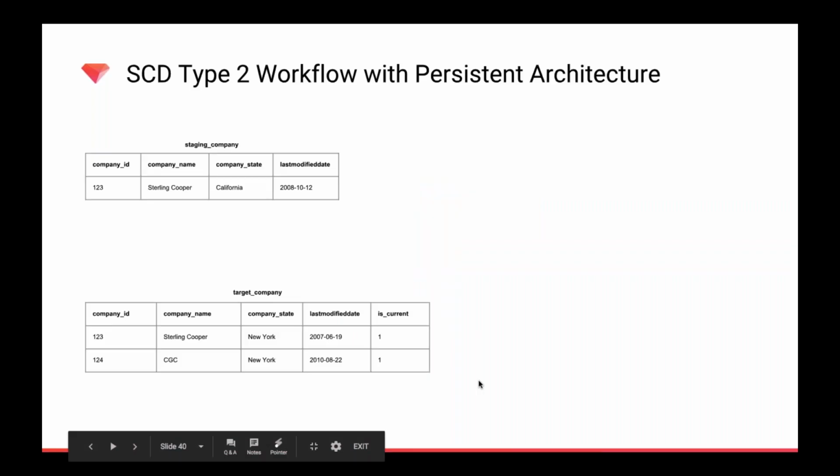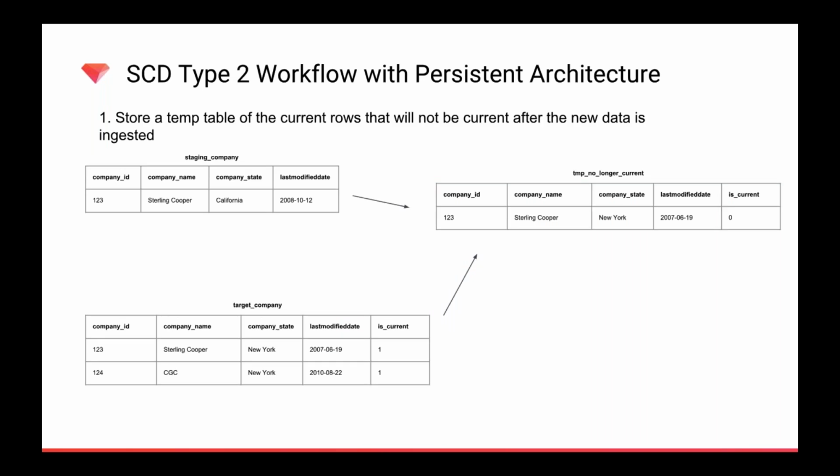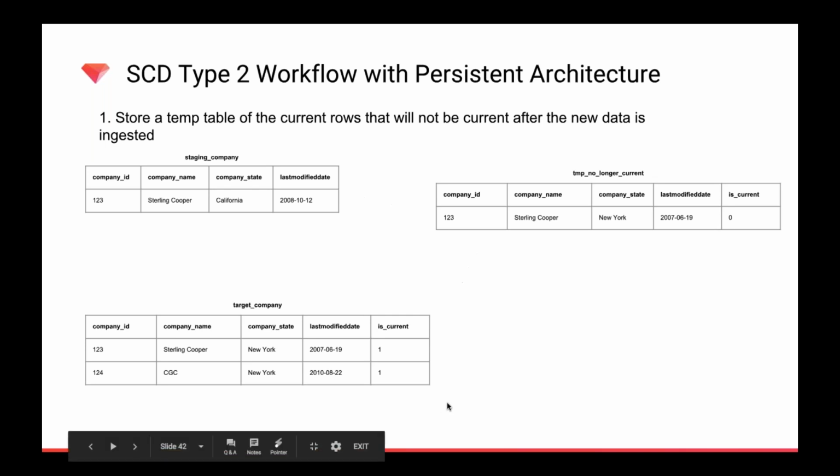There we go. So looking at an SCD type 2 workflow that uses a persistent target table, the first step that we want to do is store a temp table of the current rows that will not be current after the new data is ingested.